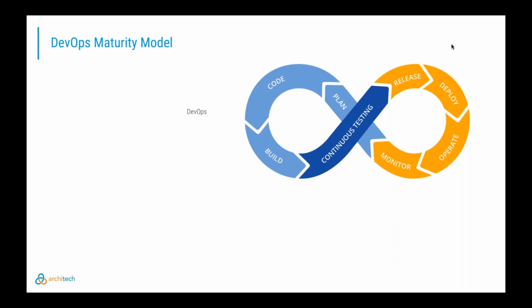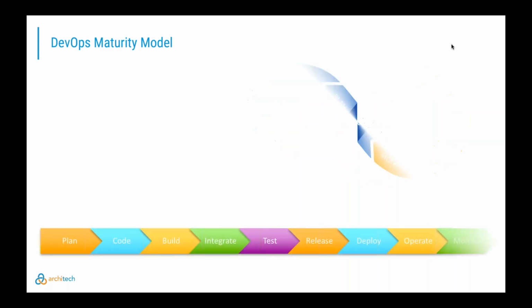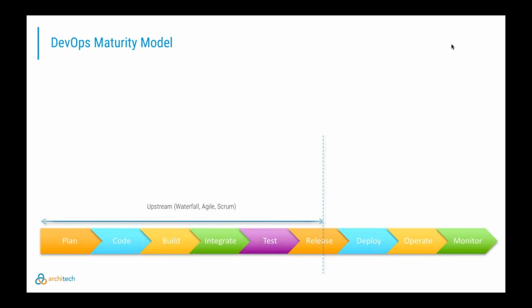The most interesting thing happens when we take that loop and flatten it out a little bit, and apply this to an enterprise. What we notice is there is a line, like a battlefield line, around the release area. Anything that happens to the left of that line is our upstream project. Anything that happens to the right of that line is a downstream project.